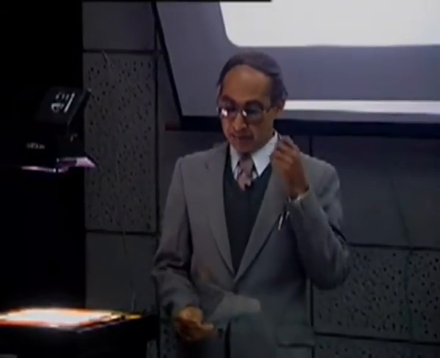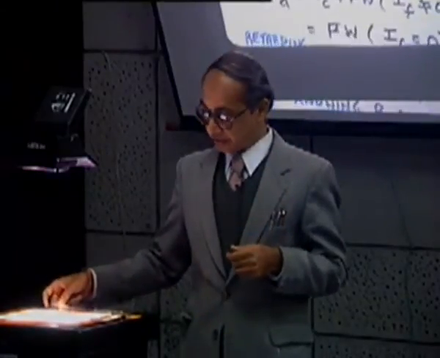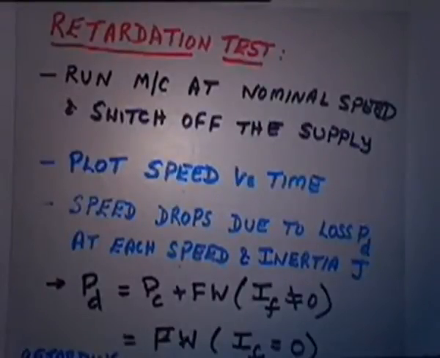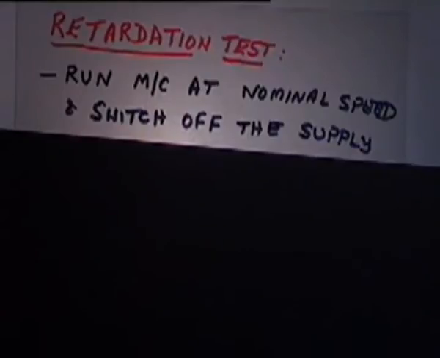Another important test we can conduct on the machines which will separate out friction, windage and core loss is what is known as a retardation test. Now here what we do is, you run the machine at nominal speed and switch off the supply. When you switch off the supply, the speed goes down because of the friction in the system as well as the inertia, and how it goes down depends upon the friction torque or friction power, and also on the inertia of the system.